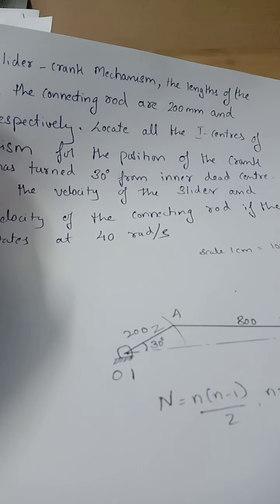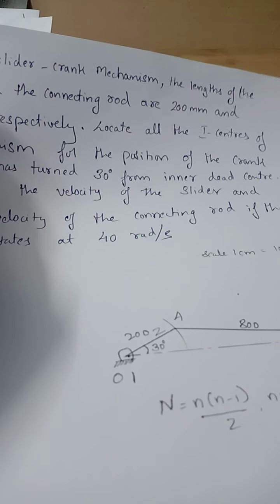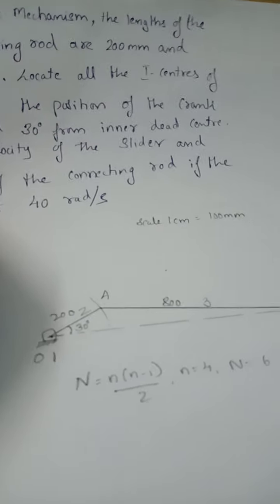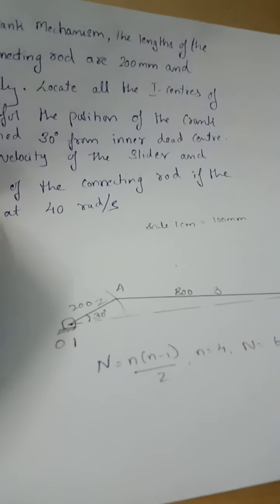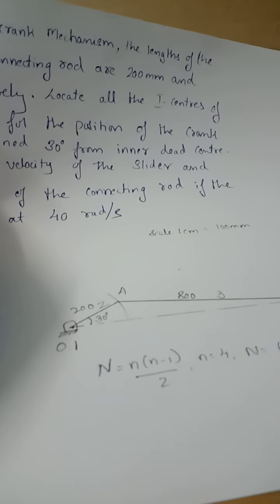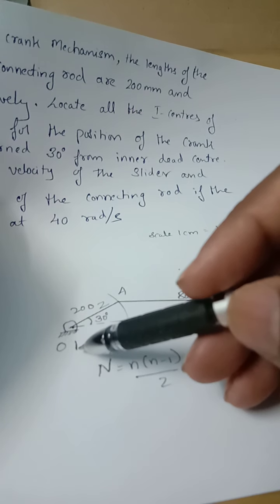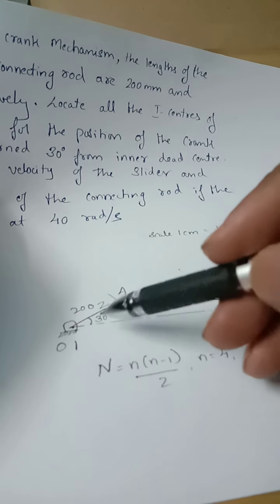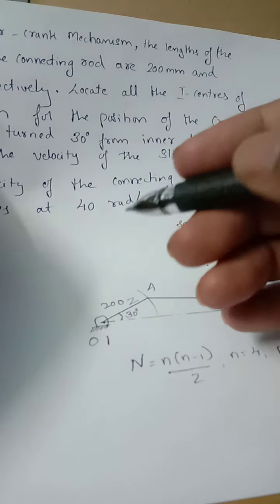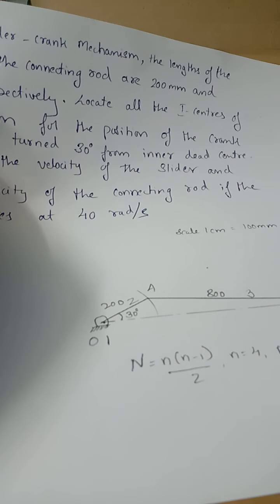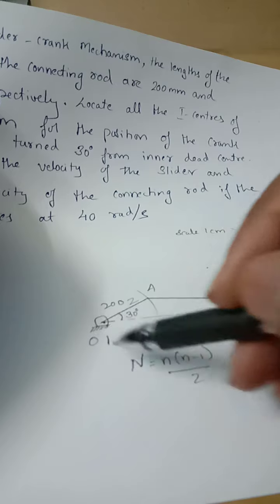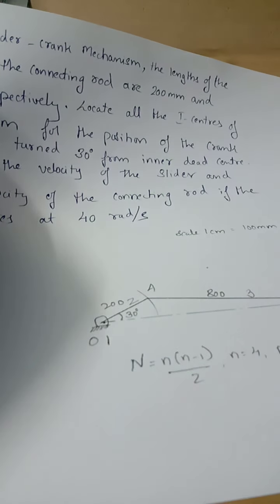By the inspection method we can determine some of the instantaneous centers. Which are the ones that we can determine? We'll look into that. So this is a fixed link, I1. This link 2, since it is having pure rotation, can rotate with respect to link number 1.